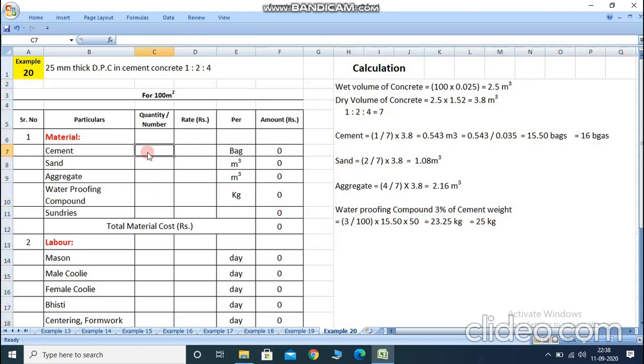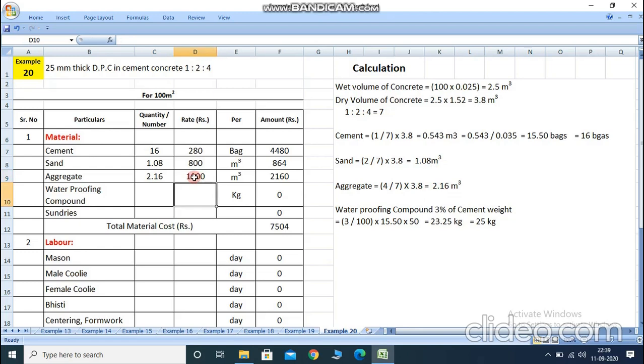Now we put all these values here in a rate analysis sheet. The cement quantity is 16 bags, and the per bag cement rate is 280 rupees. The sand quantity we calculated is 1.08, and the per meter cube sand rate is 800 rupees. Aggregate quantity is 2.16, and the per meter cube rate is 1000 rupees.